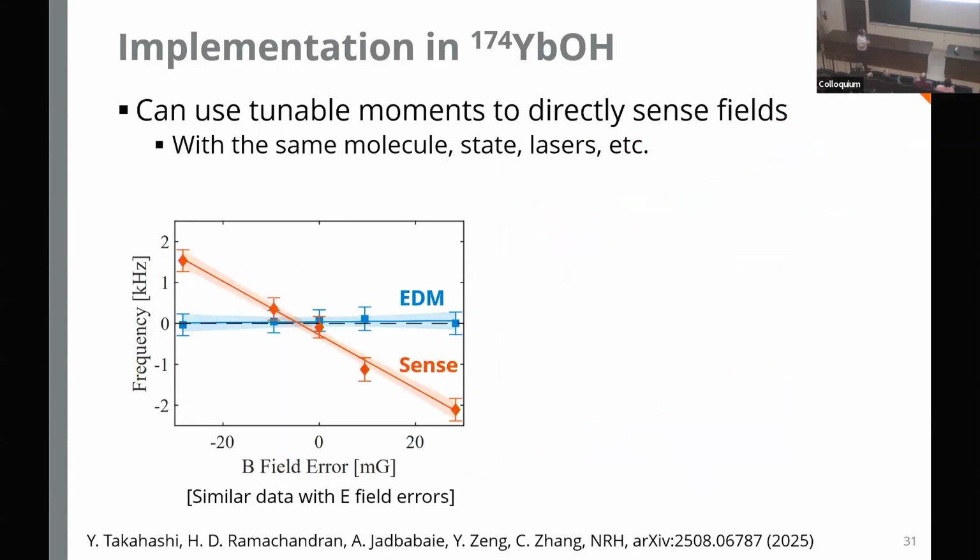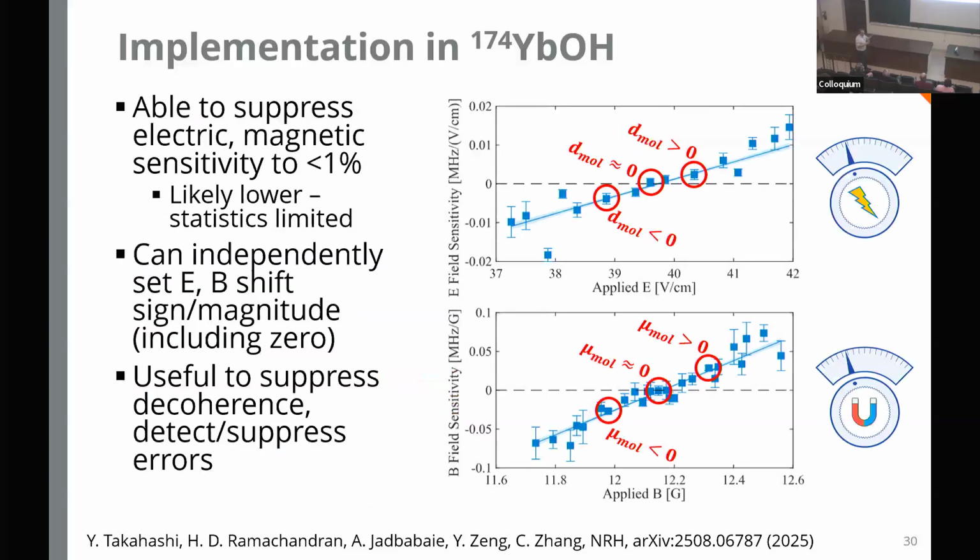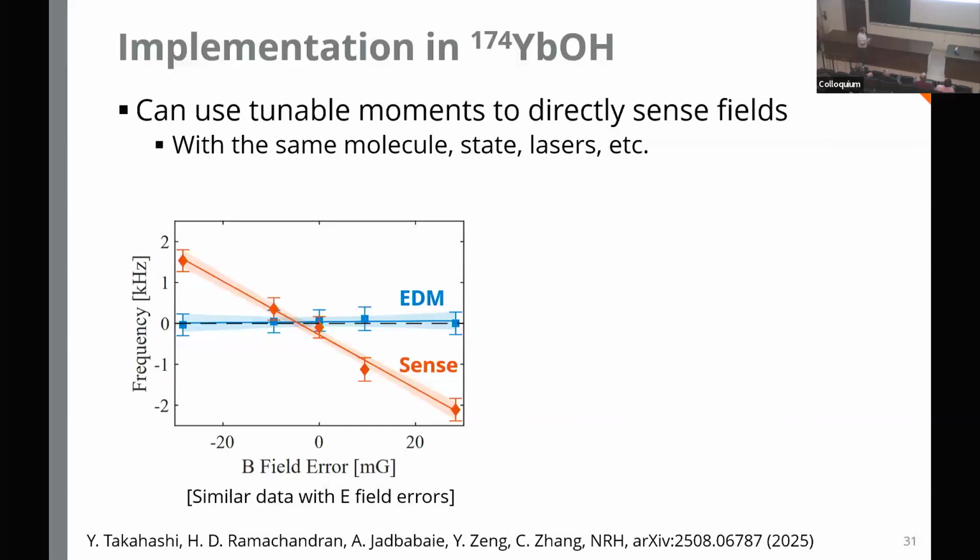So for example, if you turn this field sensitivity up to a really large value, you can sense the fields directly by observing the large shift in response to, say, a purposefully applied magnetic field error. Then, if you want to do your measurement, you turn the field sensitivity back off, again just by changing a static field in the lab, and then you can do your measurement in a way that's very robust against field errors and imperfections.